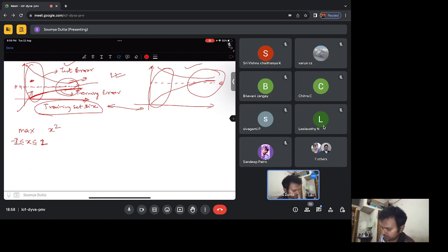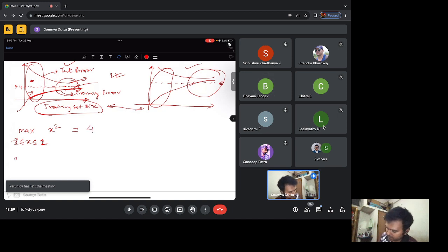What is the answer of this? Just consider a problem where your x can lie between -2 and 2, you are trying to maximize x square. The answer is 4. What is the argmax of this? Argmax is 2 or -2.